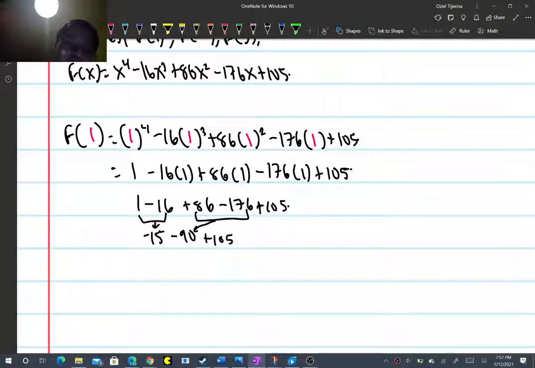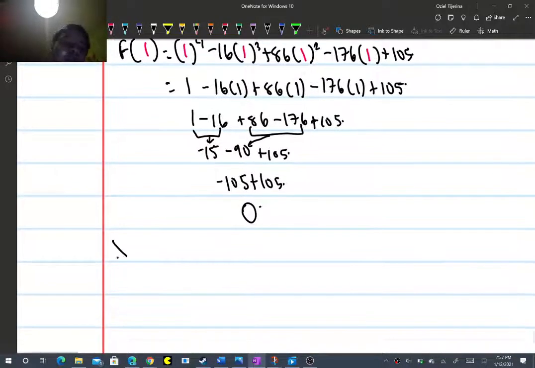Plus 105, so we have negative 15 minus 90, and you see that this is equal to 0, so x equals 1 is a zero.